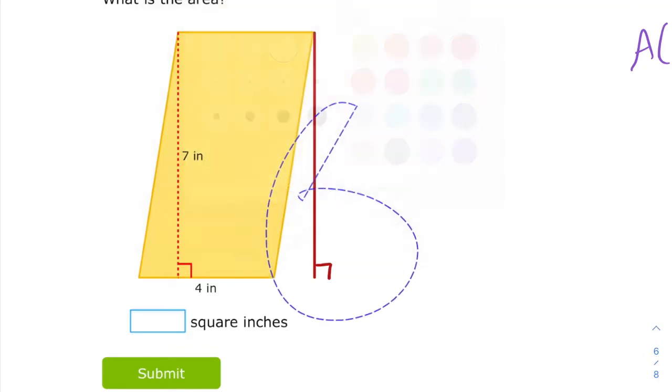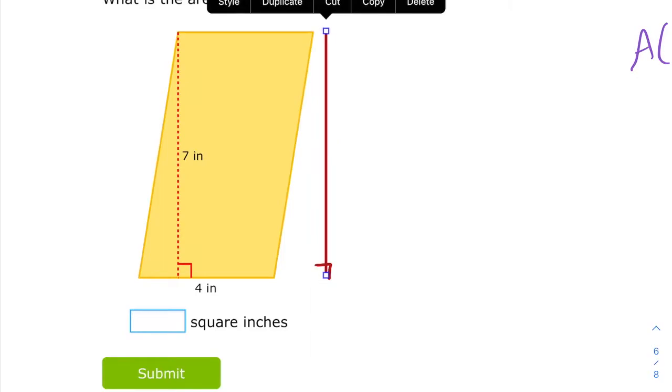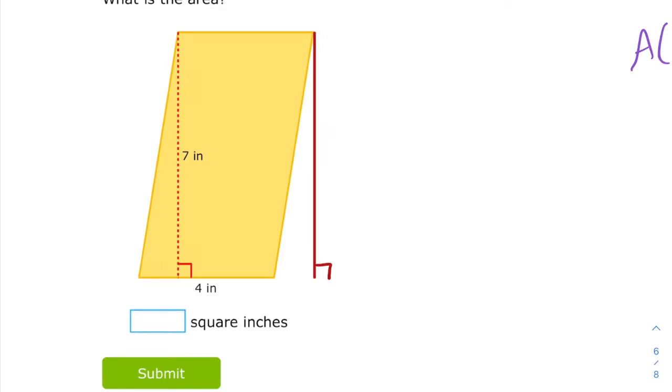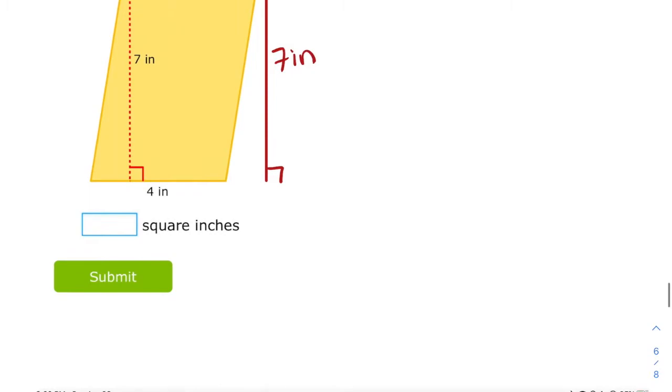It's going to happen in a triangle and in a parallelogram. So either way, the area of this parallelogram is base times height. The area of the parallelogram is base, which is 4 inches because that's a side.